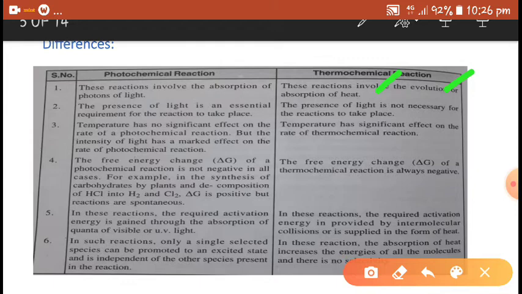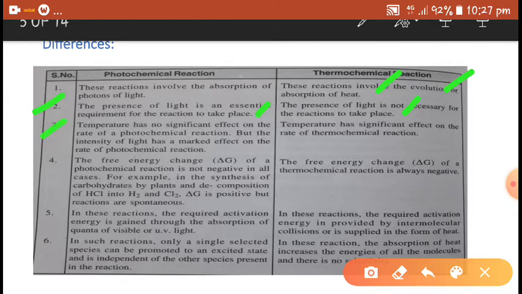For photochemical reactions, the presence of light is an essential requirement for the reaction to take place. For thermochemical reactions, the presence of light is not required or necessary.